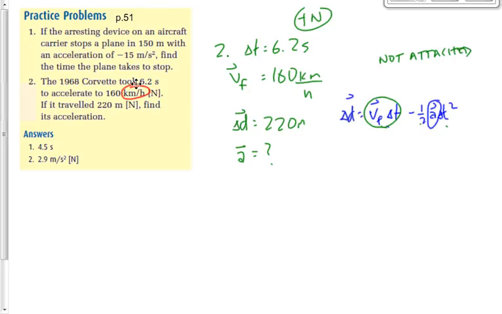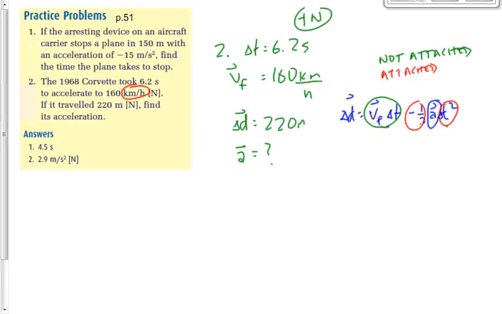What I'm going to circle in red is what is attached. The negative 1/2 and the T squared are attached, because they're multiplied by A. If it's added or subtracted, it's not attached. If it's multiplied or divided, it is attached. Get rid of what's not attached first, what's in green.